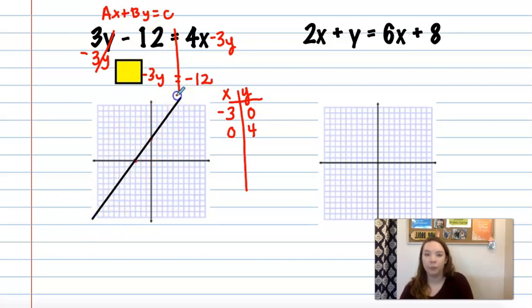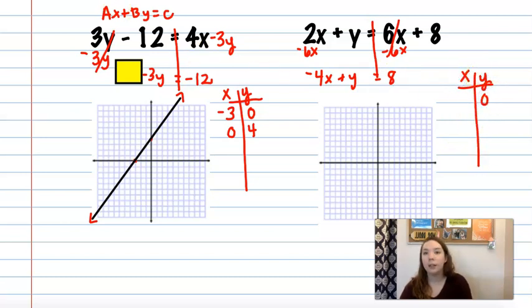All right, on this one, it's not in standard form yet because I have an x on both sides, so I'm going to subtract 6x from both sides, which will give me negative 4x plus y equals 8. And now I can do my trick.